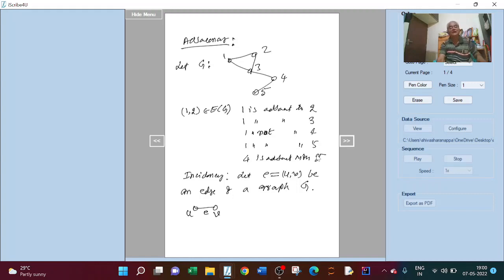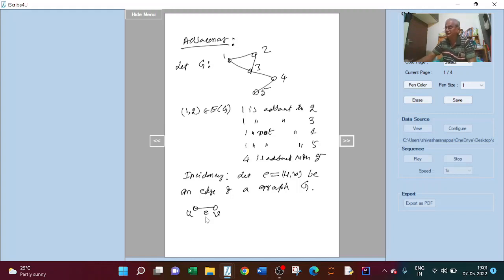In this case, U and V are adjacent to each other, and E is an edge joining these two vertices, U and V. In such case, we say that E is incident with U as well as E is incident with V. Or we say that E is incident with U and V, and we say that U and V are incident with E.